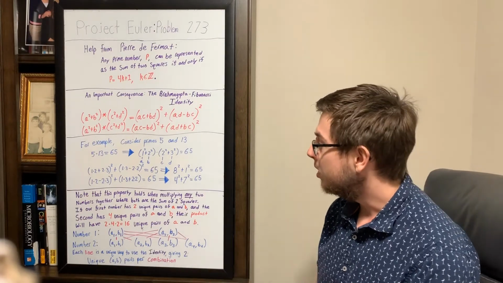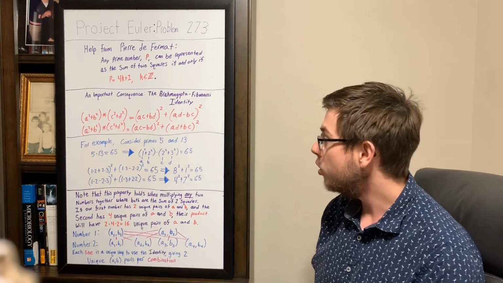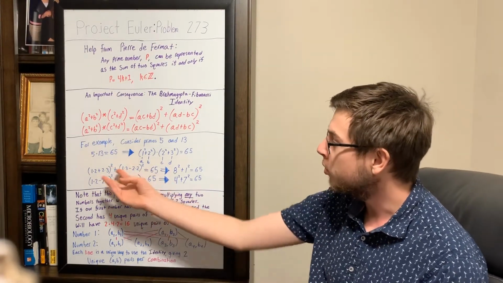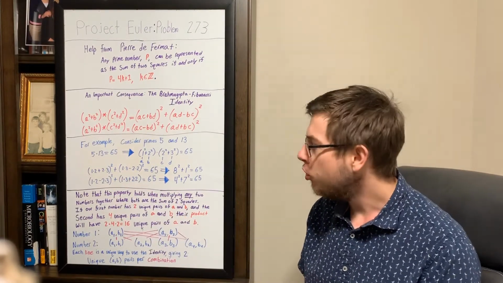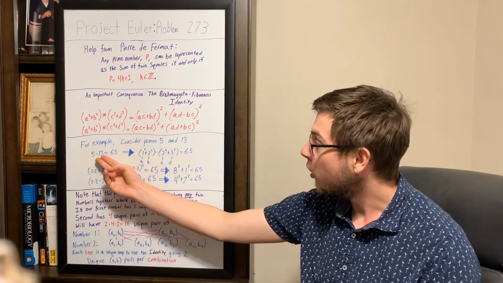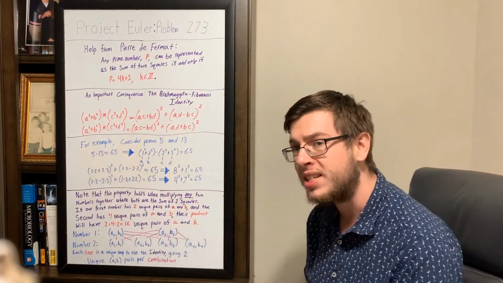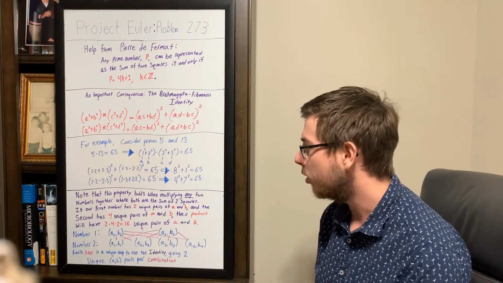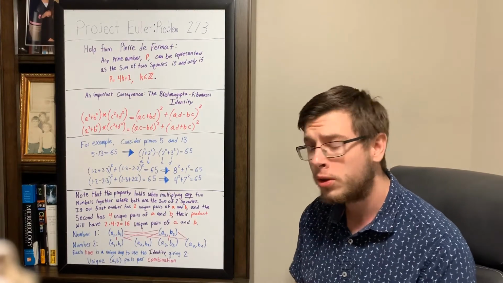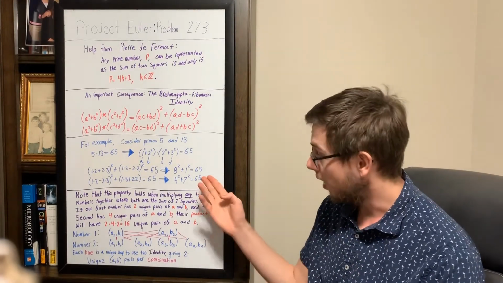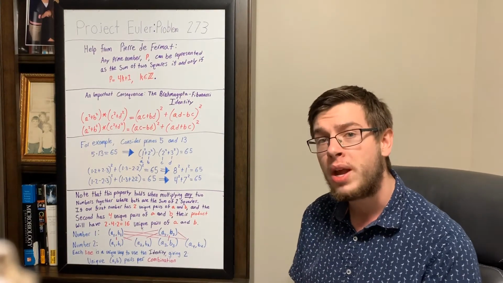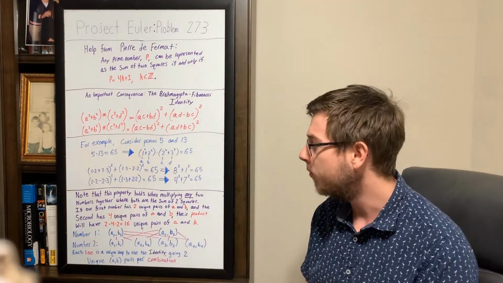This identity doesn't just hold when you're doing this with prime numbers, though. Actually, it works for any two numbers as long as they are both represented by the sum of two squares. Moreover, say one number has two different ways, like 65, two different ways to be represented as the sum of two squares.